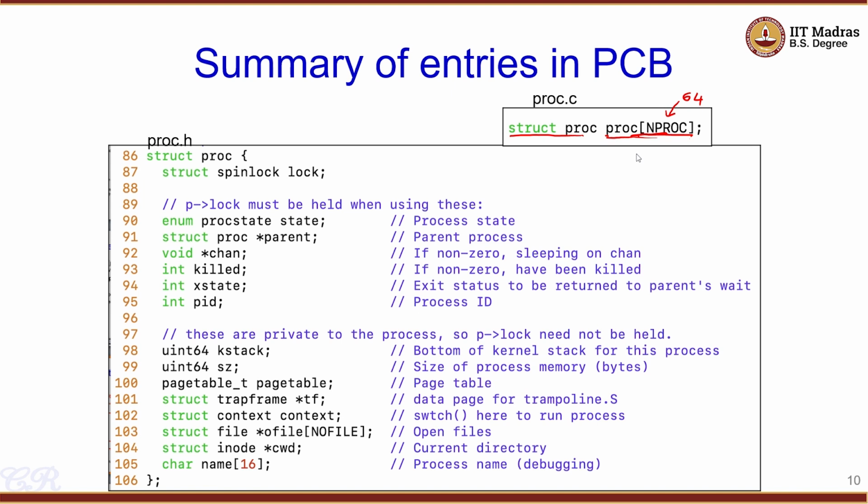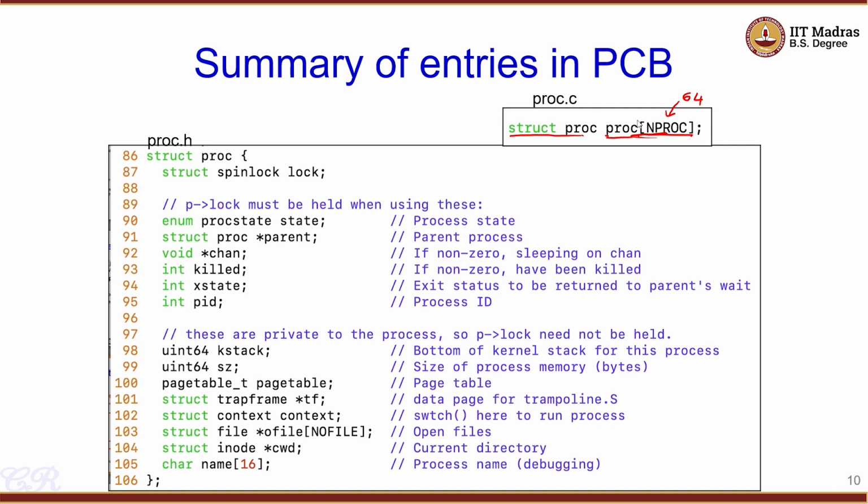In XV6, this defines the maximum number of processes that you can run at a given instant. Why is this so? Because each process would uniquely get one of these proc structures, and therefore you can have 64 such proc structures at any given instant of time.